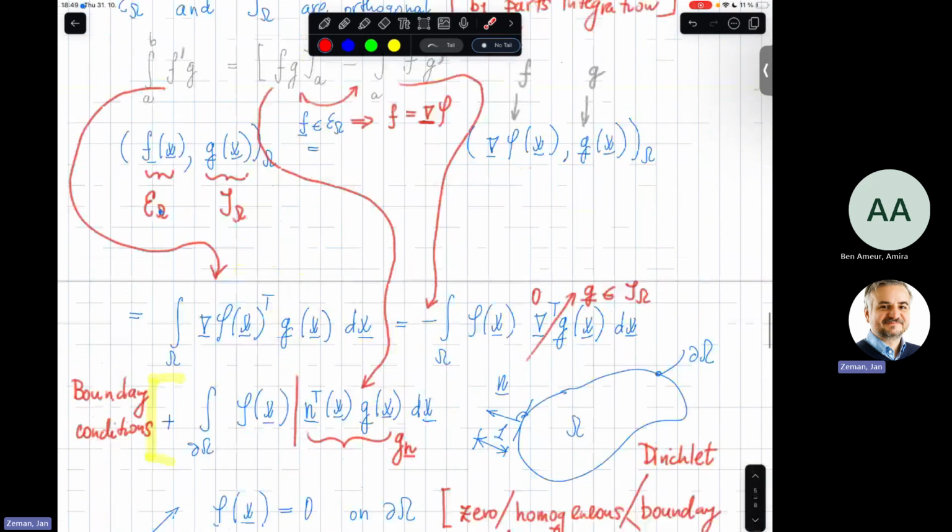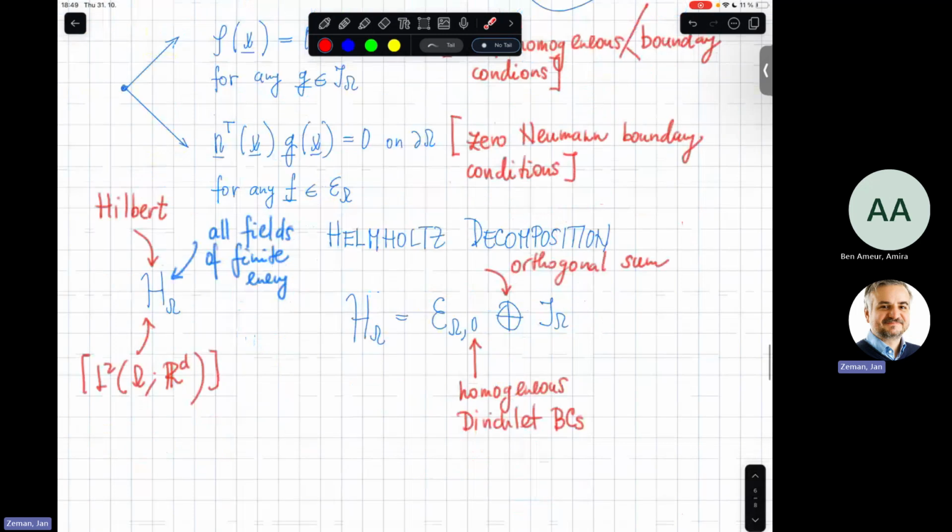And on top of that, again, these are orthogonal with respect to all the remaining ones. Sorry, this is divergence-free fields. And I'm saying that this is not the only split of that original space of all vector fields of finite energy.